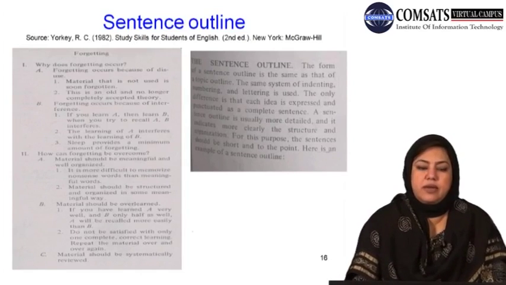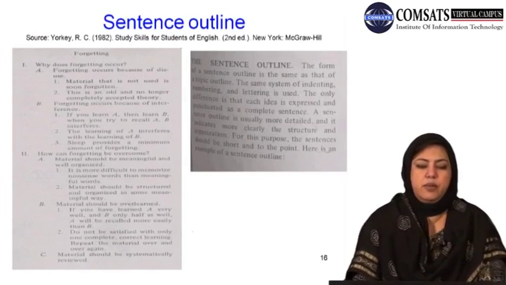So on the topic forgetting, if you have to develop an outline, this is an example of a sentence outline or a micro outline. Again, you can see it is mainly divided into two parts with two main headings. Number one, why does forgetting occur? Number two, how can forgetting be overcome?